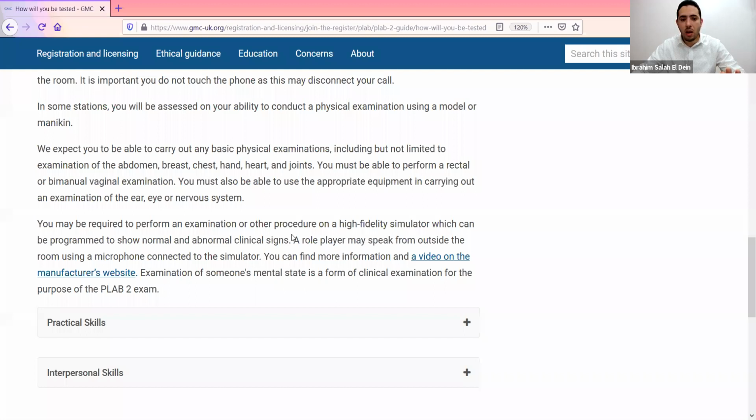Simman usually is an emergency station, and we have a fixed number of these stations, like bronchial asthma, heart failure, hypoglycemia, anaphylactic shock, and there is the ABCDE approach. It is very easy to deal with this station.